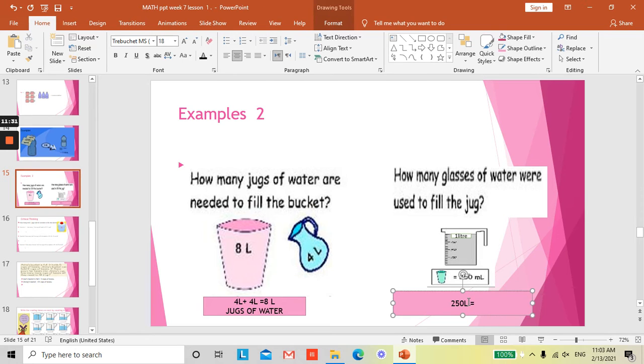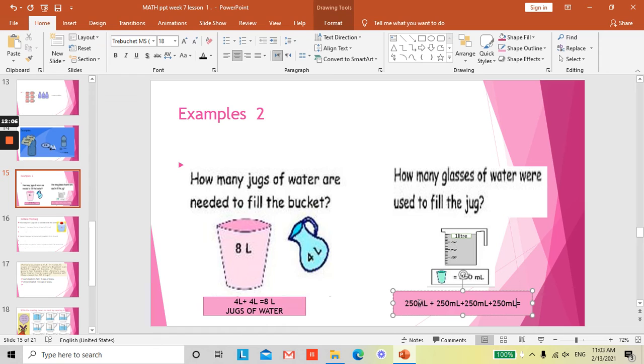So we are going to take 250 milliliters. This is a quarter, plus 250 milliliters plus 250 milliliters plus 250 milliliters.